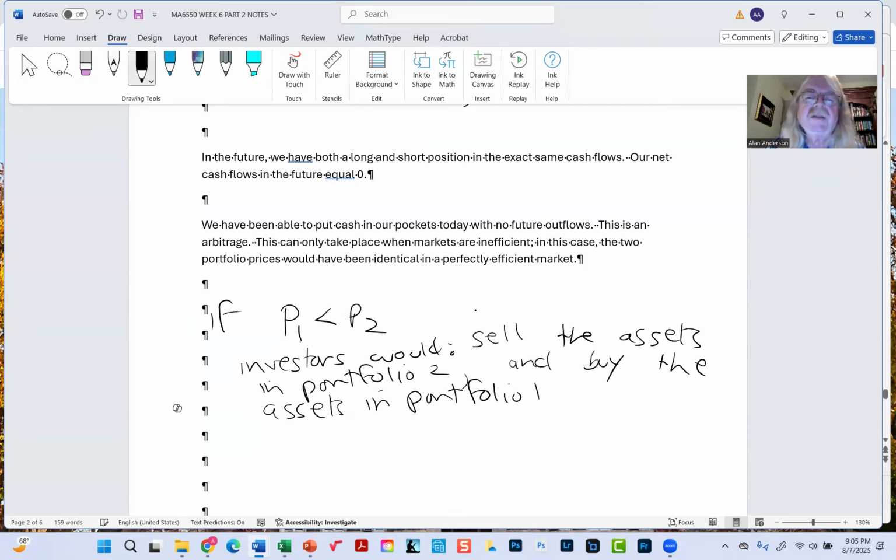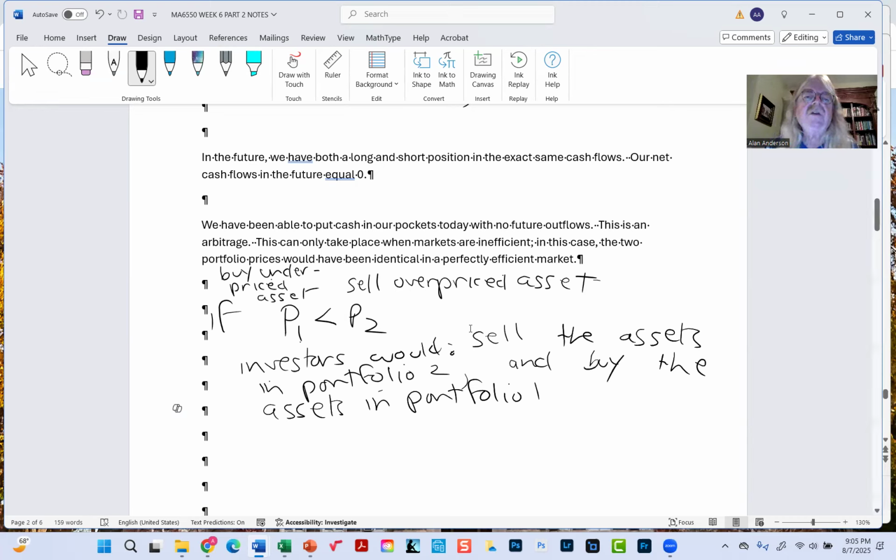Remember, the whole logic behind this is you're selling whatever is relatively overpriced, and you're buying the undervalued or underpriced asset. And that's how you make your arbitrage profits.